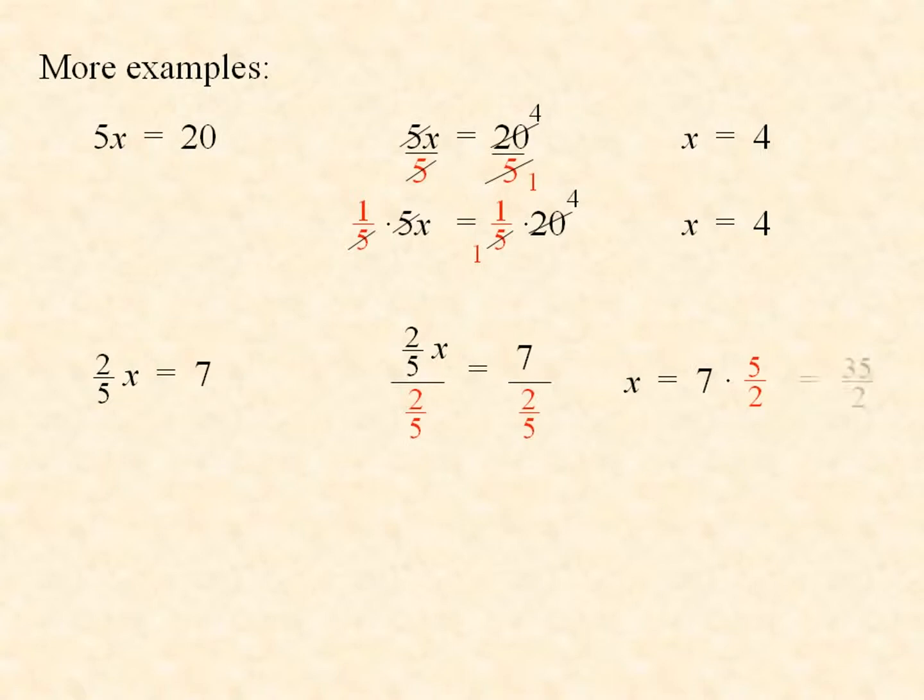And 7 times 5 over 2 is 35 halves. So x is 35 halves. Or we could multiply both sides by the reciprocal of 2/5. That's 5 halves. 5 halves times 2/5 gives you 1, so we have x equals 35 halves once again.